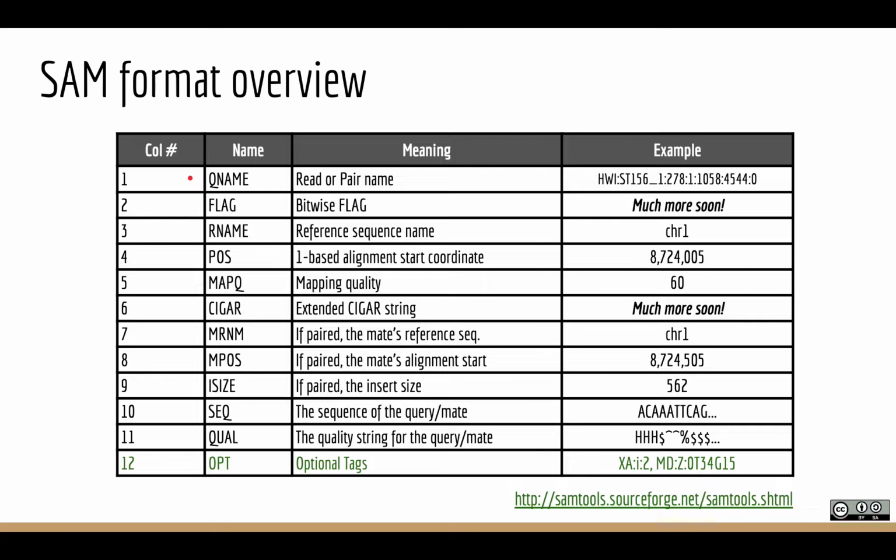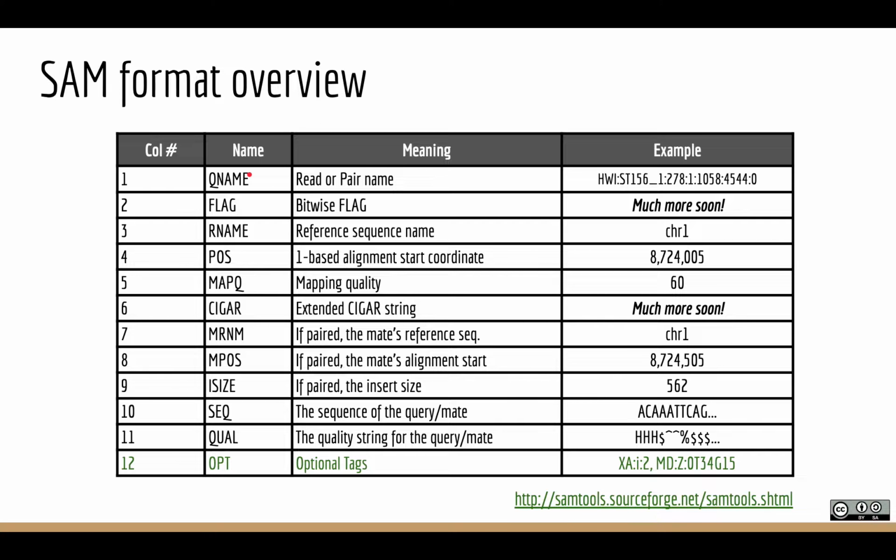Okay, so the first column in the SAM format is something called QName or query name. This is literally just the read ID from the FASTQ file propagated as is to the first column. And so it's for bookkeeping. There's a system of record that connects every input sequence in the FASTQ file to an entry in a SAM or BAM file.